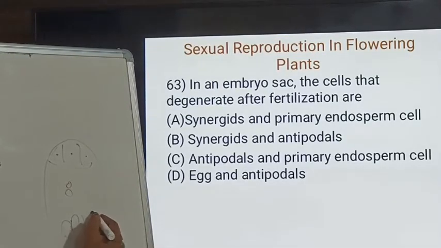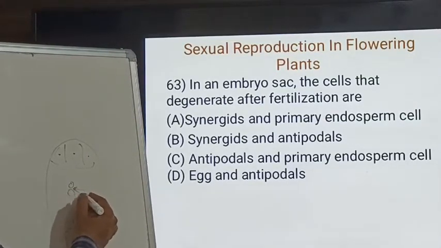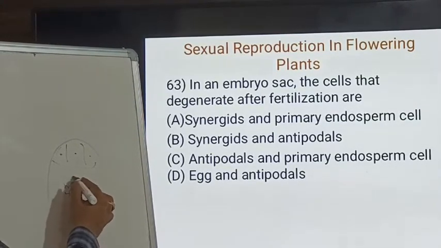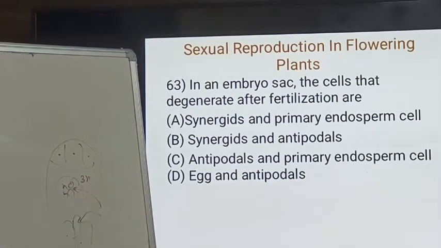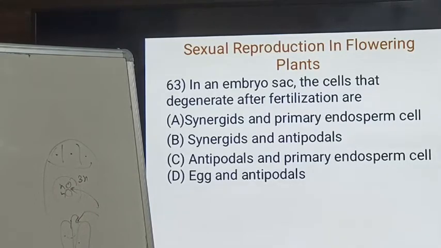One sperm fuses with the egg to form a diploid zygote. The other male gamete fuses with the 2 haploid polar nuclei to form the triploid primary endosperm nucleus. As soon as double fertilization and triple fusion take place, both the synergids and antipodals degenerate.